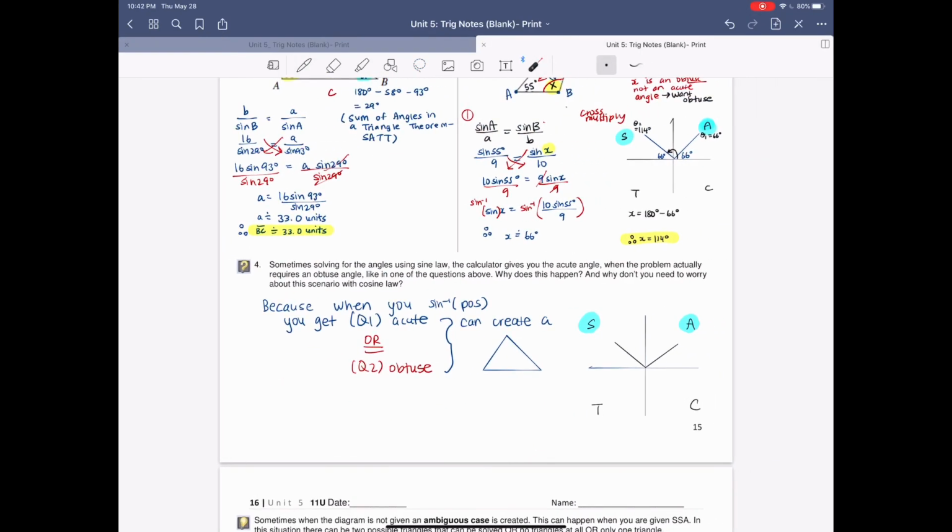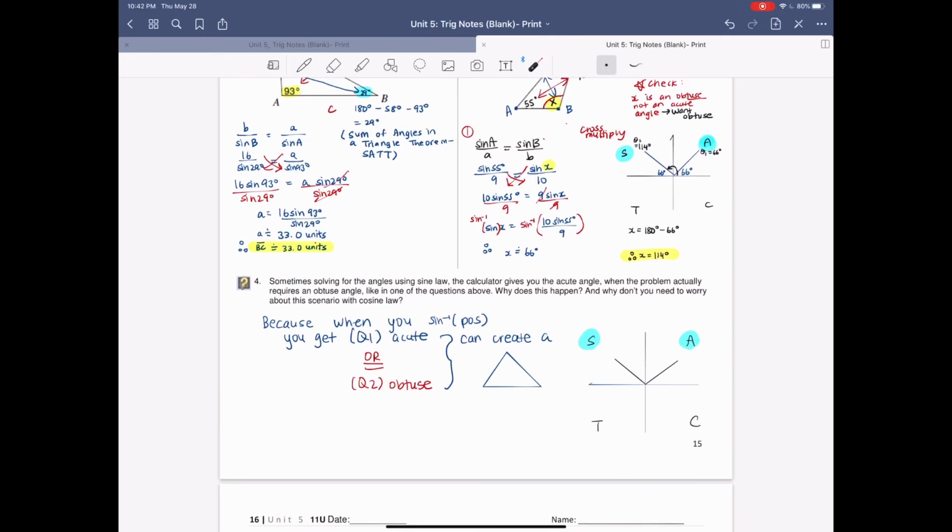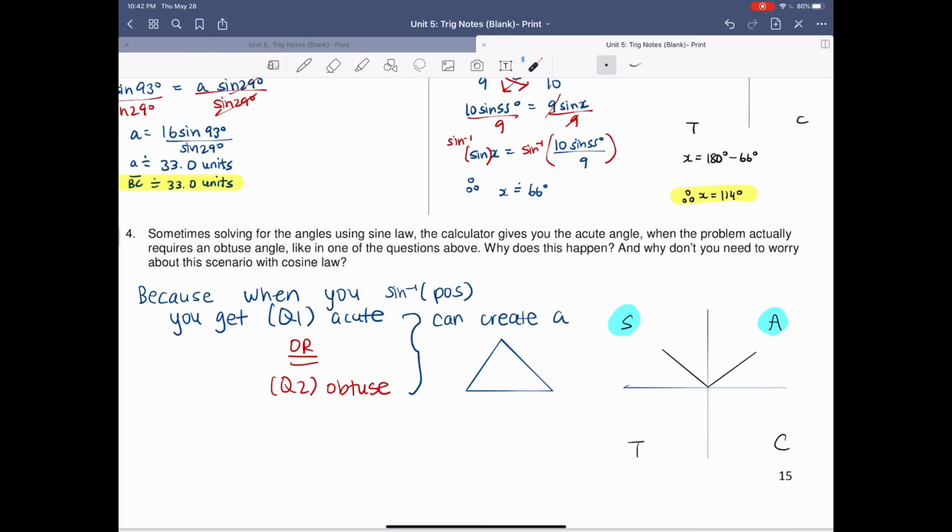So basically, anytime you're doing sine inverse of a positive, you have to always check and make sure you're dealing with the correct one.